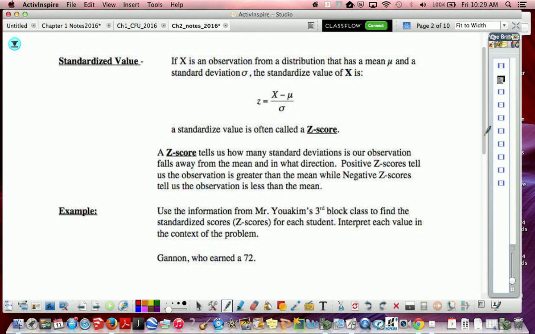Standardized value. One of the things that we want to be able to do is to start to compare different scores relative to certain values.